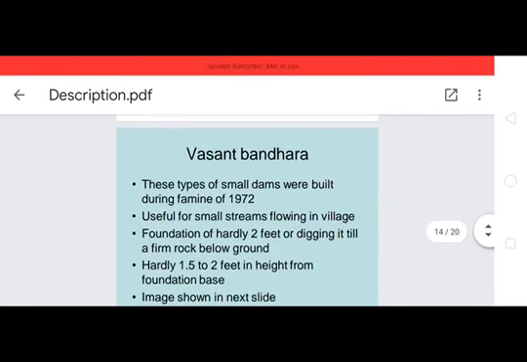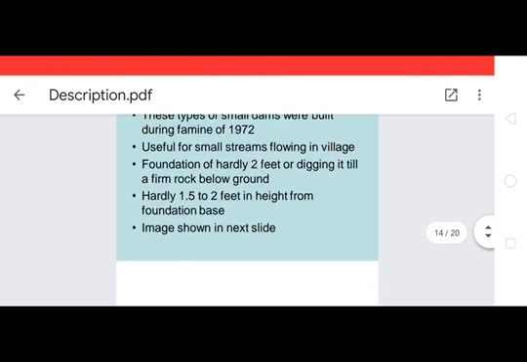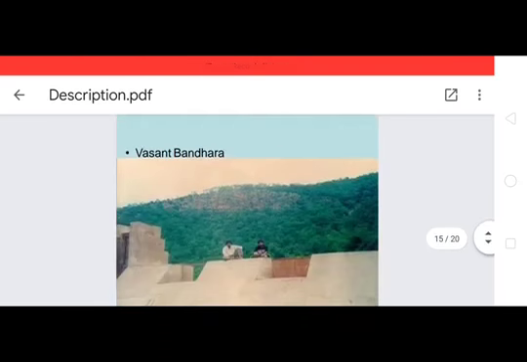Next point is Vasant Bandhara. This was built in 1972 and it is not more than 1.5 to 2 feet in height, with a foundation base, and the images are shown here.